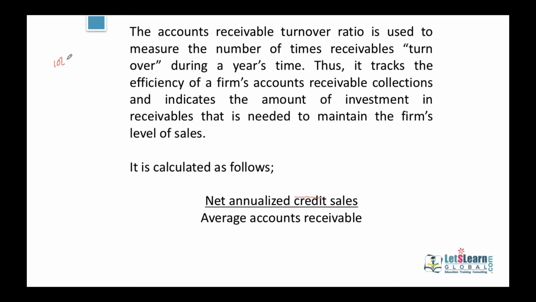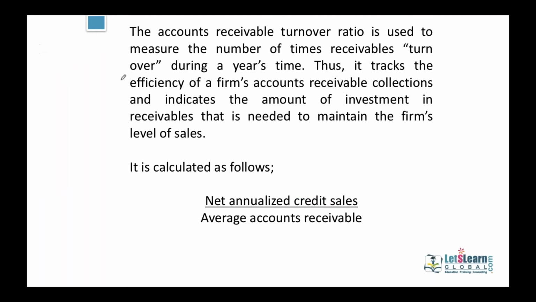Sometimes you may get total sales in the income statement, and somewhere in the corner it says the company sells 10% on cash. Then whatever the sale is given, you should calculate only 90% of sales here, because for cash sales you need not worry. You receive cash immediately. What we are talking about is how fast we are collecting our credit sale money.